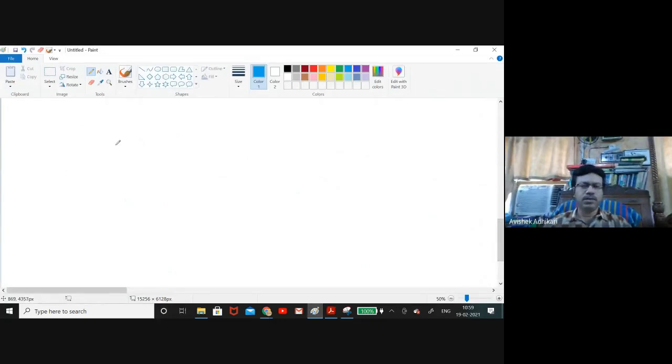suppose you have a few vertices, say 4 vertices, and suppose this is your graph. 1 2 3 4. Suppose this is my graph, so it has 4 vertices and a few edges. Say I name these vertices v1, v2, v3 and v4.